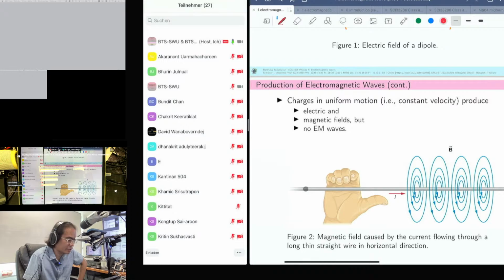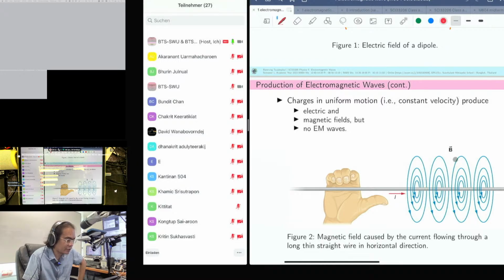Let's say we have the current flowing through this long straight copper wire, and of course everyone on the right hand has 4 remaining fingers. If you curl your 4 remaining fingers, they will represent the direction of the magnetic field.